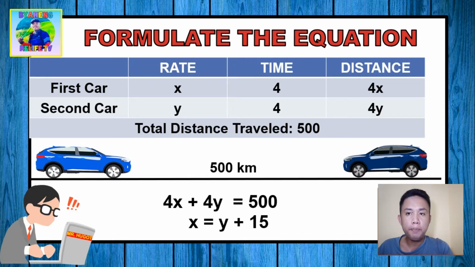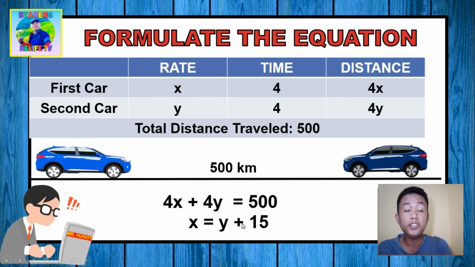So, yung speed times the time, yun yung distansya. Guys, yung 4x ay yung distance ng first car. Kaya po naging 4x to. Yung 4y naman yung distansya ng second car. Kaya po naging 4y. Pag inadd mo pareha siya guys, 500 km. Doon nanggaling yung first equation natin. Saan po nanggaling yung second equation?